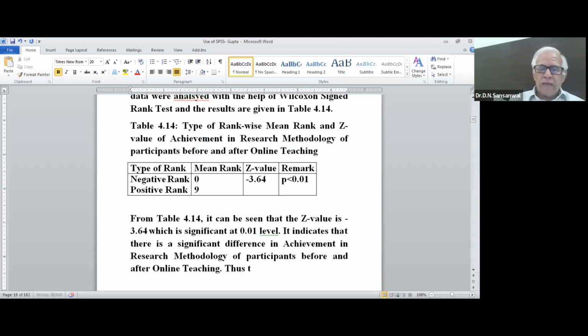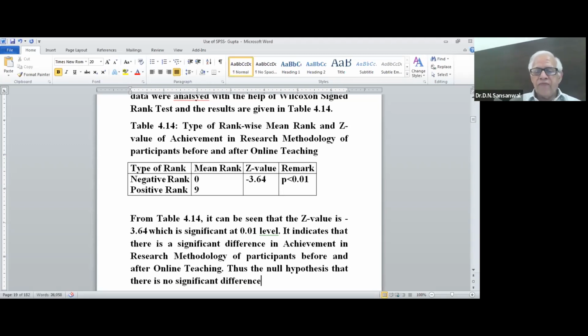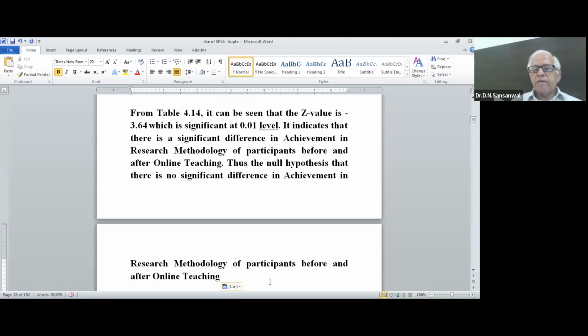Thus, the null hypothesis that there is no significant difference in achievement in research methodology of participants before and after the online teaching is, what should I write? Is rejected or is not rejected?